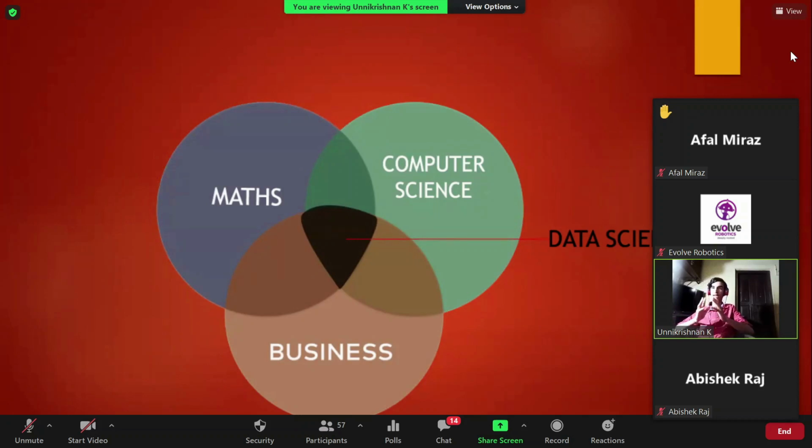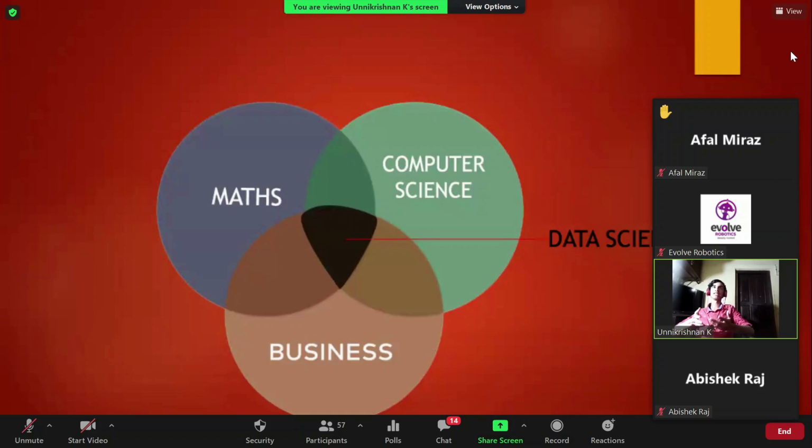So data science has some maths in it because it makes use of statistics. Also, you might have heard of algebra, right? Data science also makes use of algebra. So we can say that data science involves some mathematics in it. Then we have computer science. Obviously, we want a programming language to code up. So we use either the R programming language or we use Python.